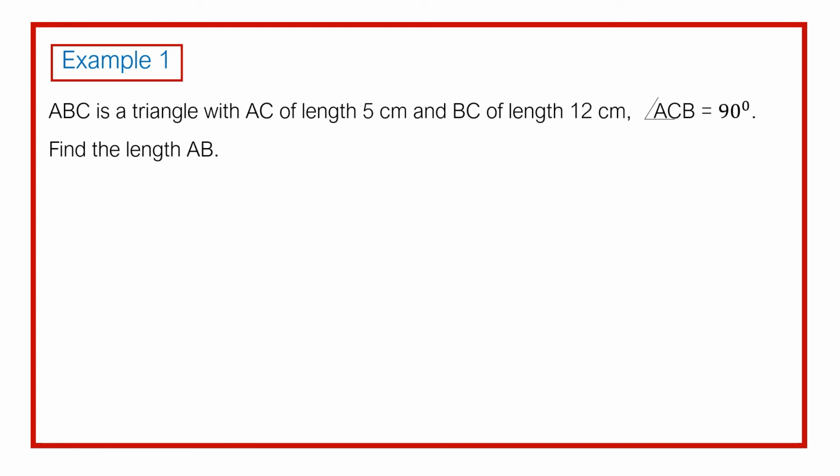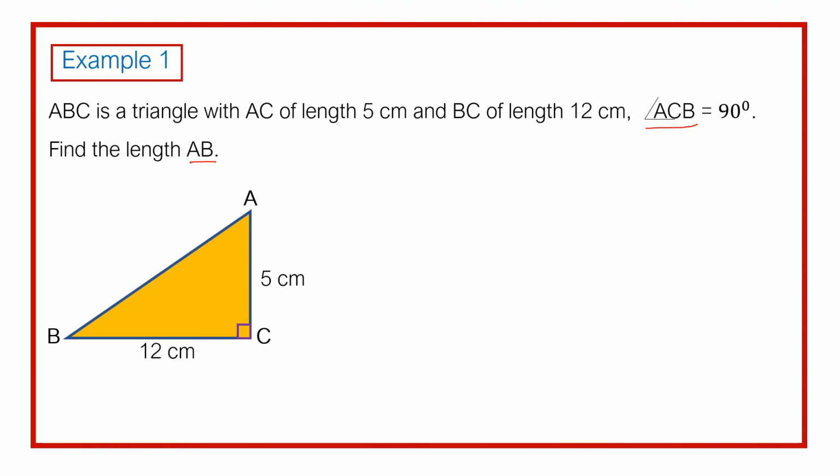So in example 1, we have triangle ABC with AC of length 5 centimeters and BC of length 12 centimeters. We can also see that angle ACB is 90 degrees, which means that this triangle is a right triangle. Now we need to find the length AB.